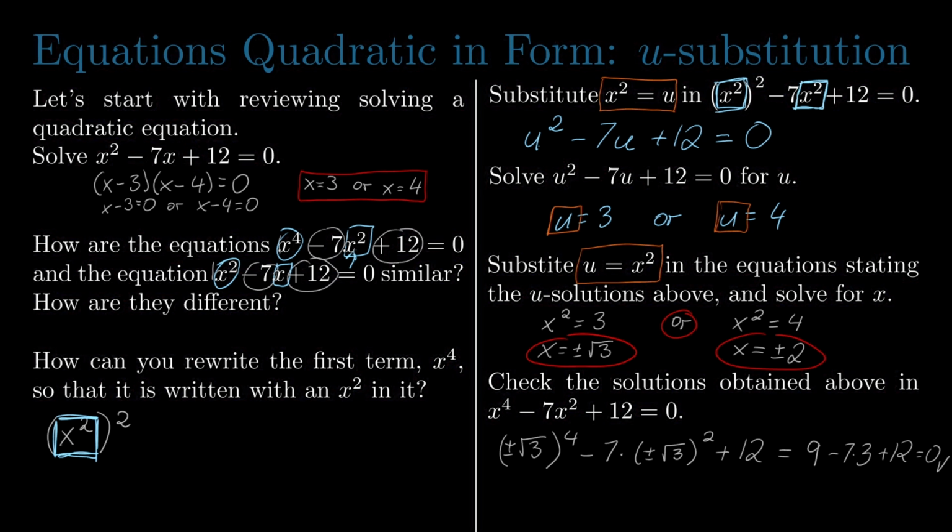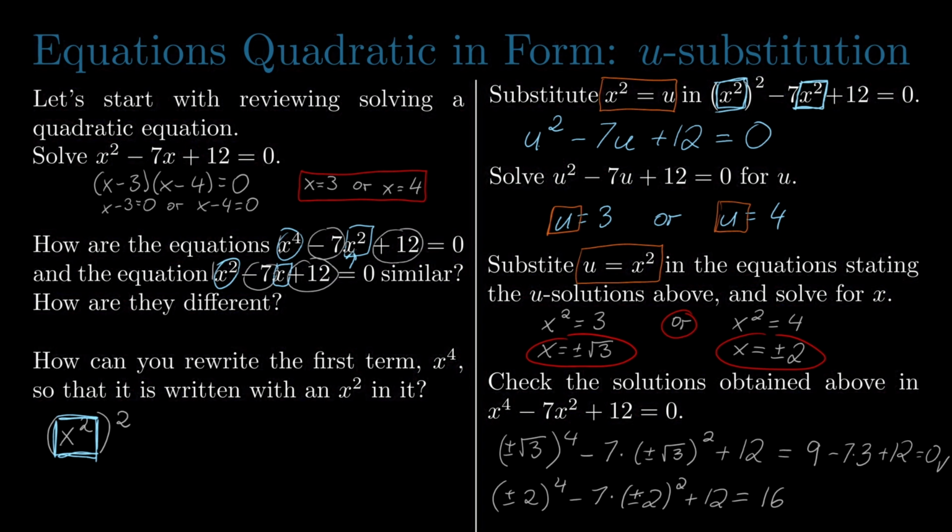And then, for x equals plus or minus 2, we proceed similarly. Plus or minus 2 to the power of 4 minus 7 times plus or minus 2 to the power of 2 plus 12. Again, 2 to the 4th is 16, and as we already said, the even exponent takes care of the signs, making the numbers non-negative, so we're going to have just 16.